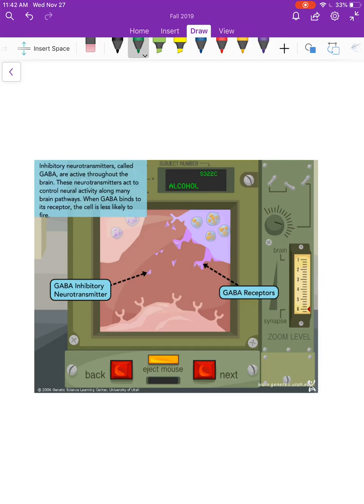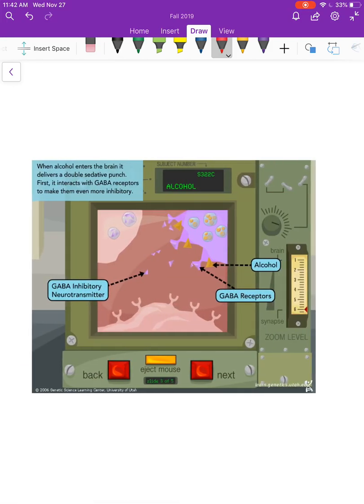Okay, so let's look at another example. This is from when we did mouse party. So here we are looking at alcohol. What alcohol does is you have these GABA inhibitory neurotransmitters. Normally they inhibit the release of dopamine, and that's their normal job.